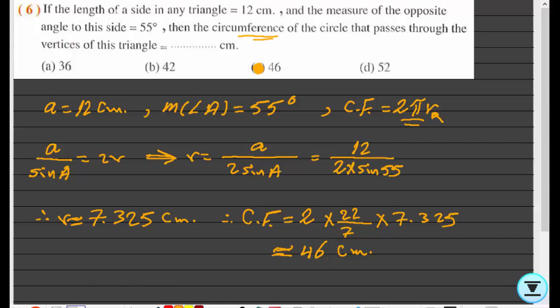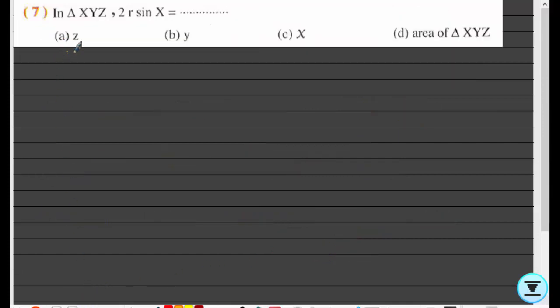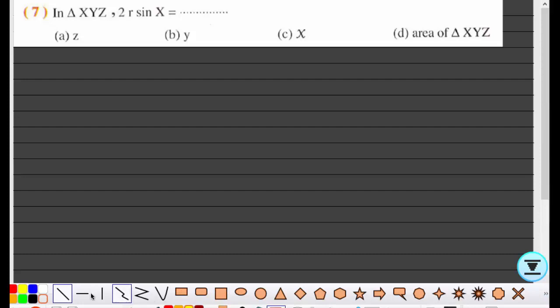Next question, question number 7. In triangle XYZ, 2r sine X equals one of these. Now I'll draw the triangle to explain it. Here we have any triangle, like this.